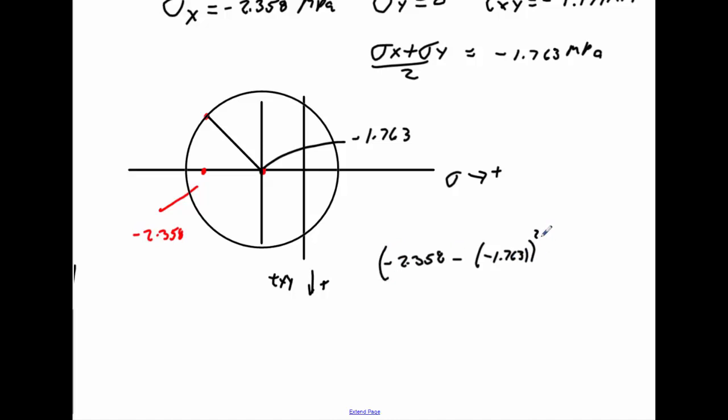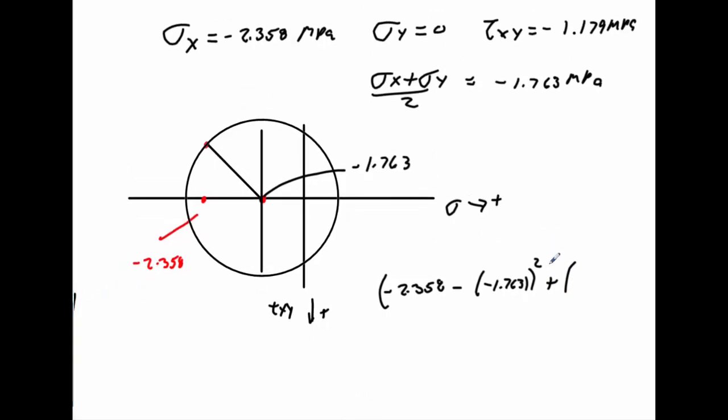We will square that distance, and then we'll do plus the shear stress, and we said that was negative 1.179. We'll square that. We'll take the square root of that. That gives us my R value. And my R value here would be 2.121 megapascals. Okay, that's the distance from here to here.